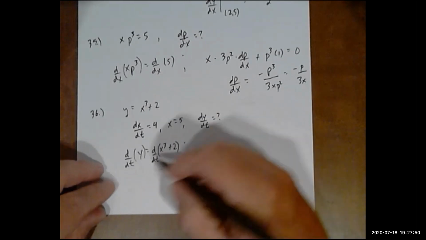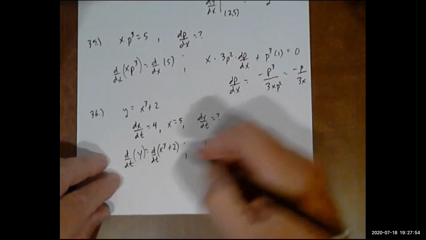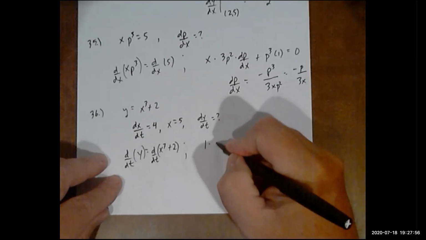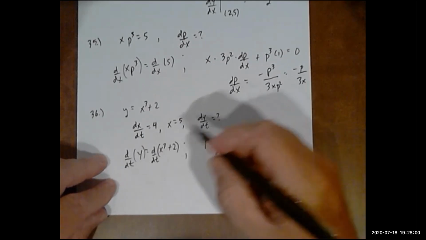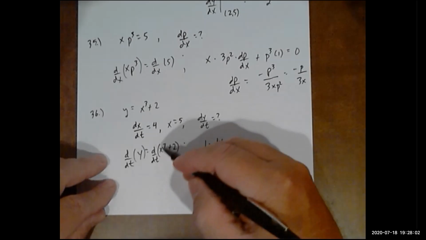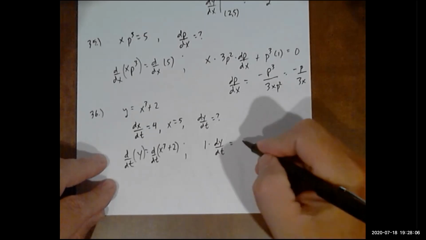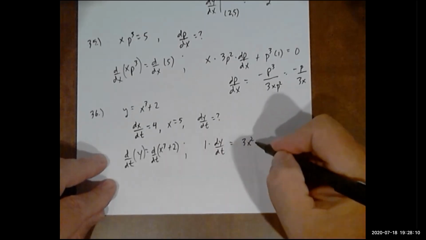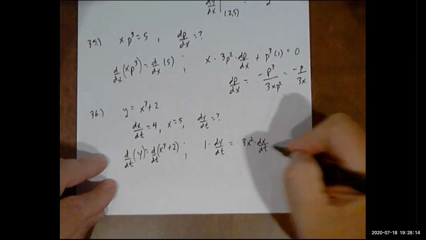So using all my rules, on the left-hand side, the derivative of y is just 1, but since the variables are different, I tack on the dy/dt. Over here, I do these one at a time. The derivative of x cubed, once again, x is different than t. I take the derivative, but then I have to tack on the dx/dt.